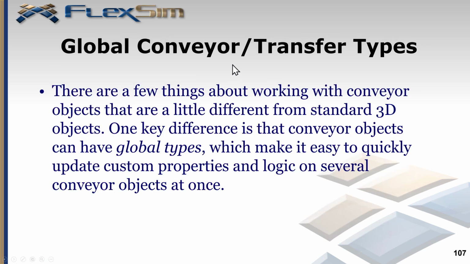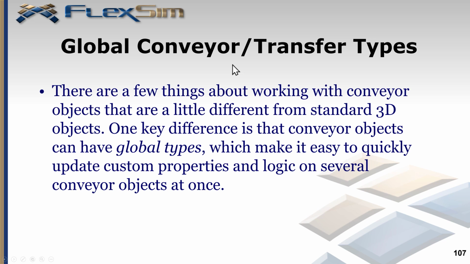There are a few things about working with conveyor objects that are a little different from standard 3D objects. One key difference is that conveyor objects can have global types, which make it easy to quickly update custom properties and logic on several conveyor objects at once. For the most part, we can create one or more global types for each conveyor object, including transfers.